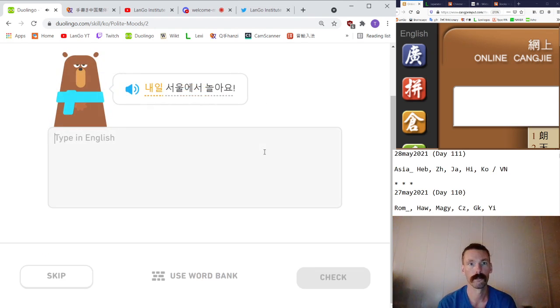내일 서울에서 놀아요. Can you read the sentence coming up that starts with 내일? Okay, not this sentence. This starts with 학교. You can read it too, if you like. The next one. 학교에서 같이 놀아요. Good.